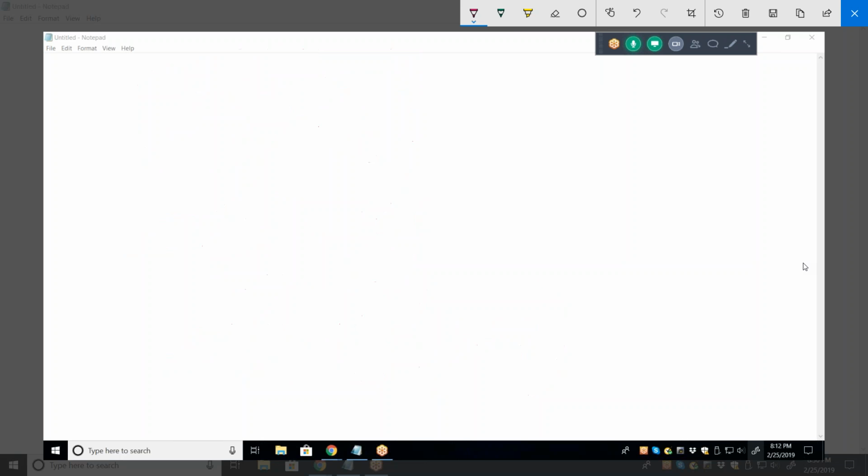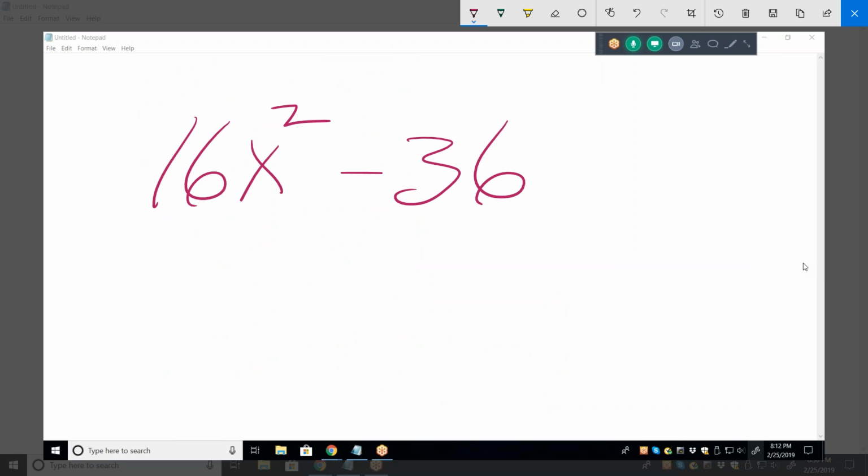So you can bet when you see something that is missing an x term. In other words, if I have something like this, there's no x term, right? So I could think about greatest common factor, but I happen to be looking at difference of perfect squares.